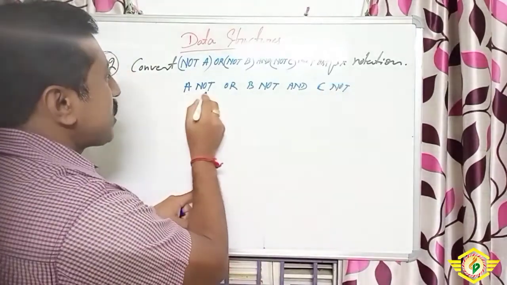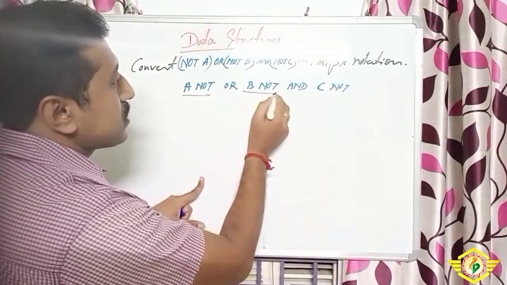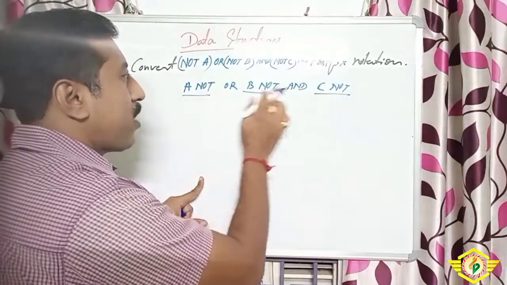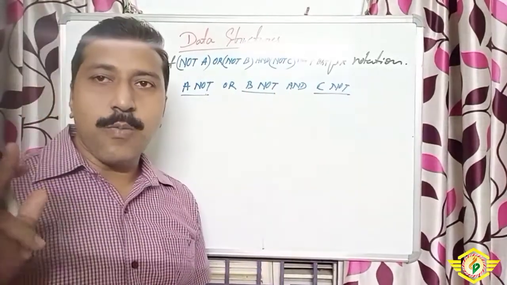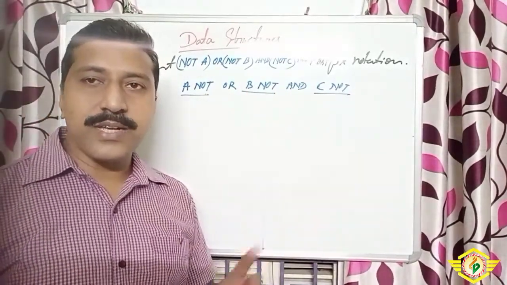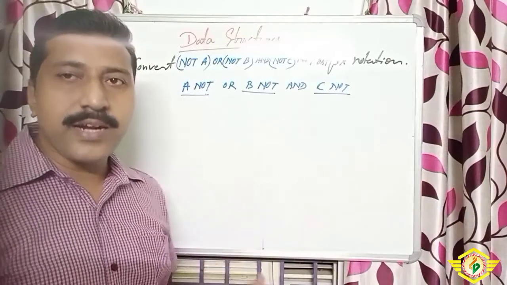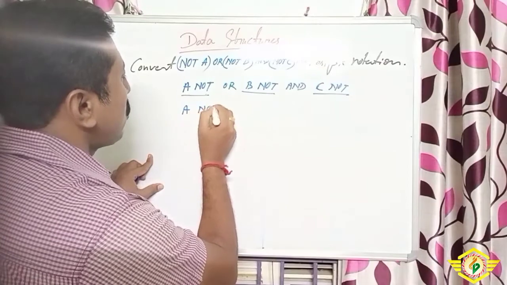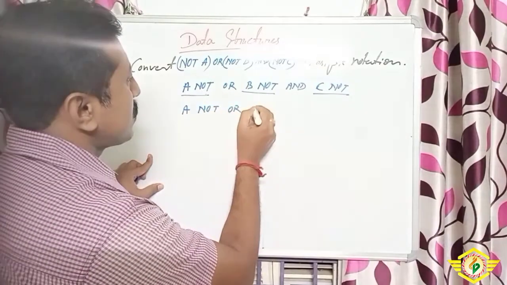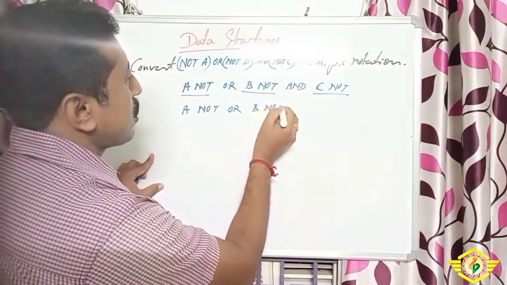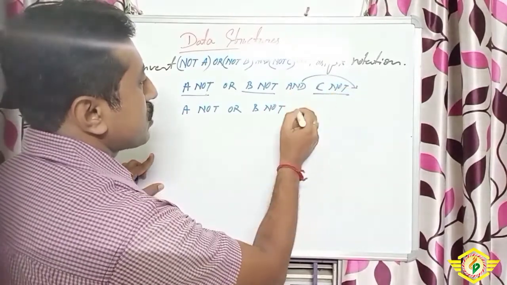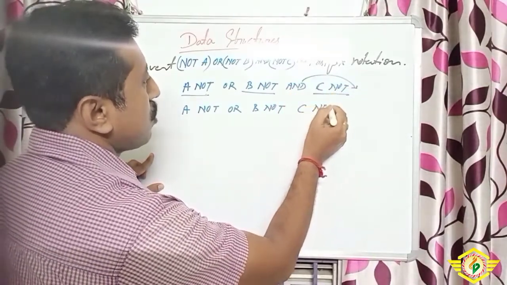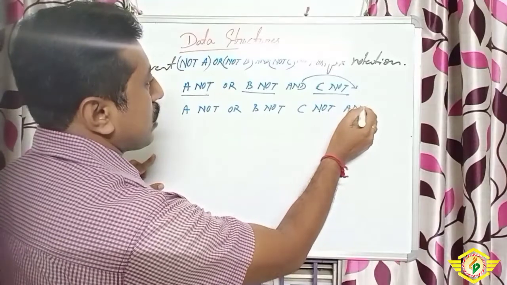So now a not is already there, b not is there, c not is there, or and and are there. According to the operator precedence, the first chance will be given to and. So we'll write here a not, or will be like this, b not, and this and will go here, that means c not and.